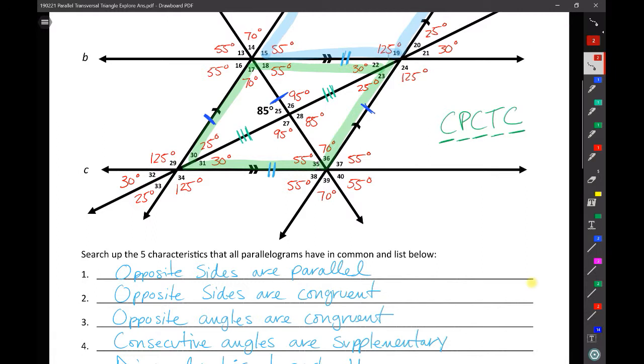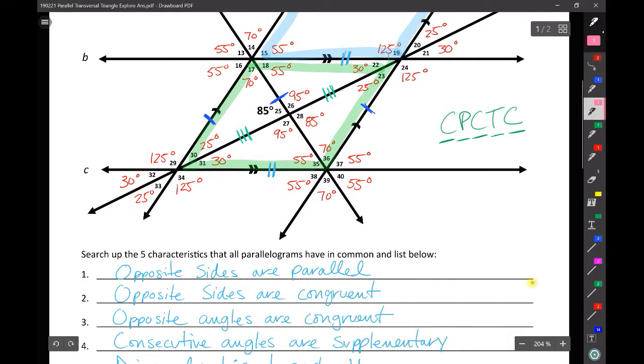Now that should start to show you something right there, because that was our diagonal, right? And what happens at this intersection point is that diagonal is now cut into two congruent parts, isn't it? Okay, but we also know something else, don't we? From the same triangles, we know that this side that stretches between the 55 and the 95 and this side that stretches between the 55 and the 95, those must also be congruent.